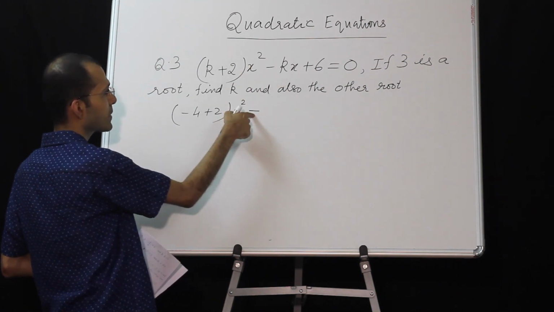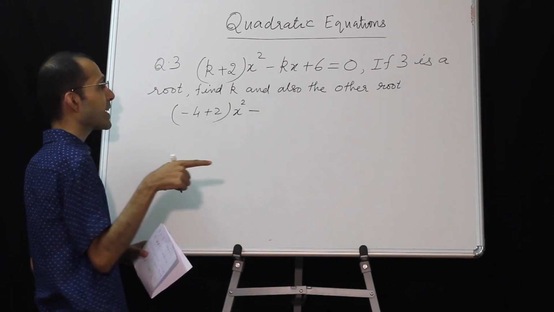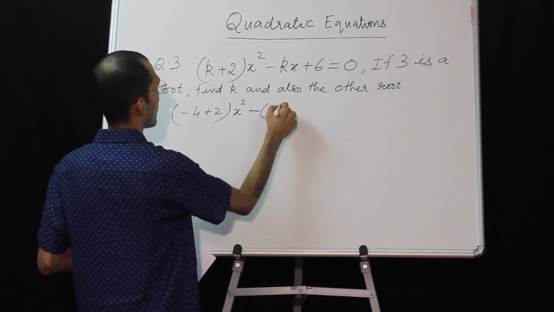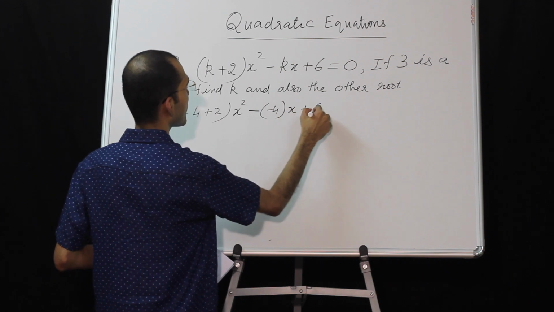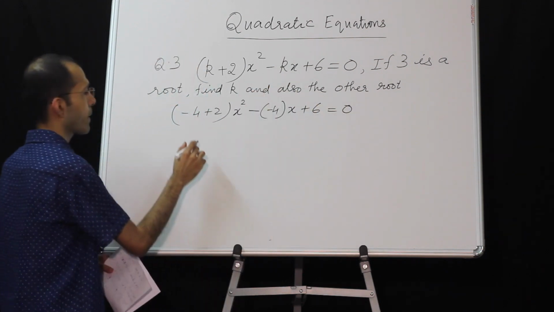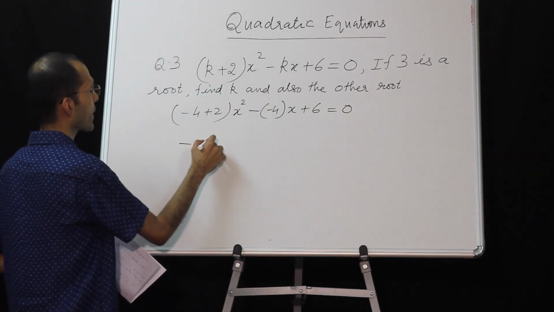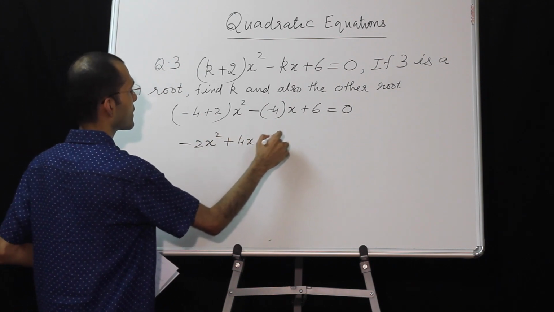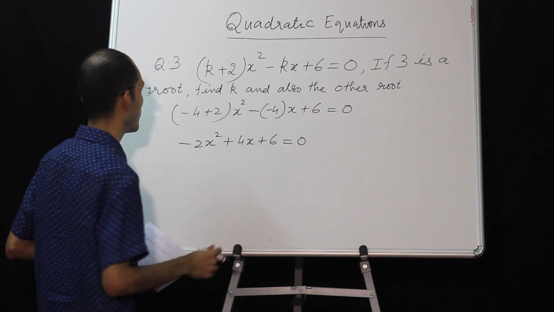This minus comes because of this, and k itself was minus 4. Take care. Plus 6 equaling 0. And this will be minus 2x square plus 4x plus 6 equaling 0.